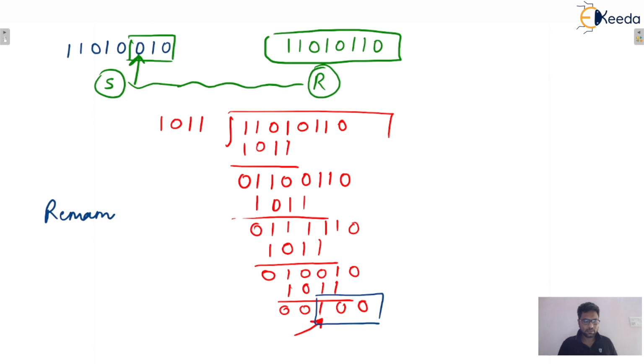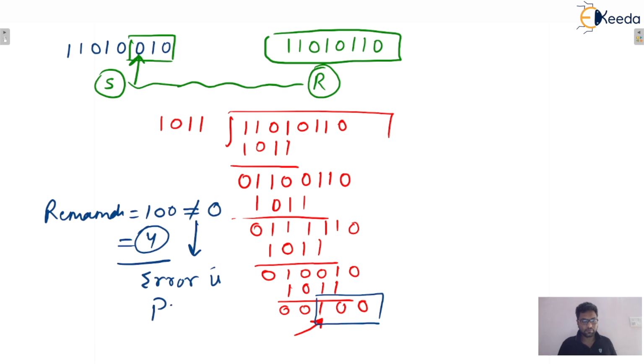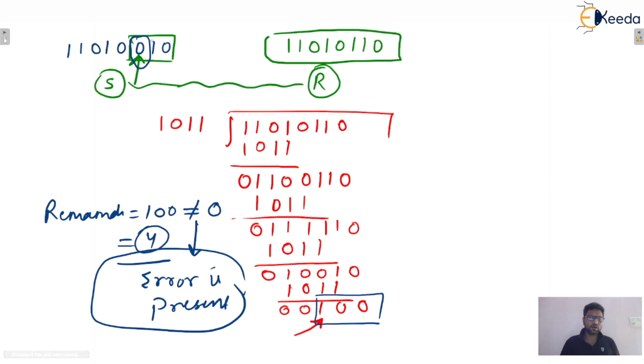Here the remainder is equal to 100. That is not equal to 0; in decimal that value is 4. So it is not equal to 0, that means there is an error. So we can say that an error is present. It's a different matter that this error was in the CRC bit, but it doesn't matter, the receiver will ask for retransmission, isn't it?